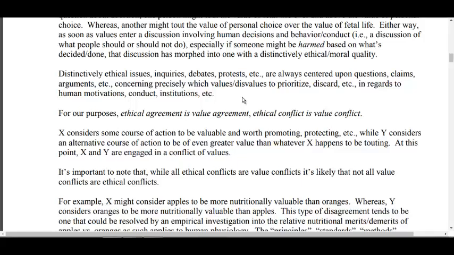If they assigned a number to it, they would assign pretty much the same number to personal choice, how important that is to protect. Whereas if we're talking about ethical conflict, it's going to be a value conflict. There could be many, many other things going on, but at base, when people disagree about what we should or shouldn't be doing, or they disagree about whether somebody did something right or wrong, it's almost always going to involve a difference of values.